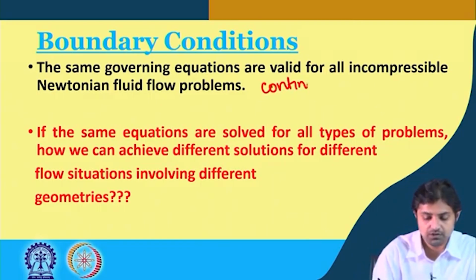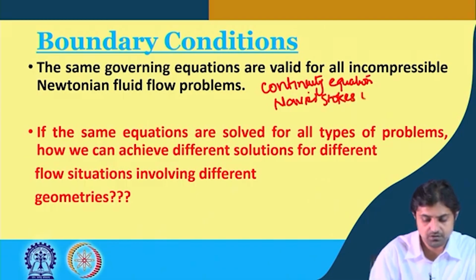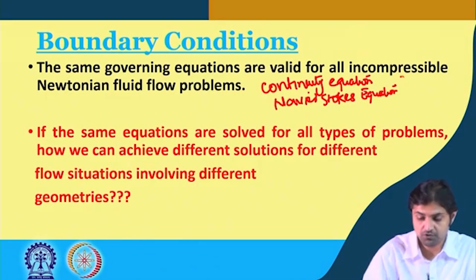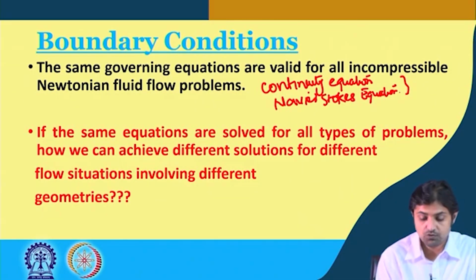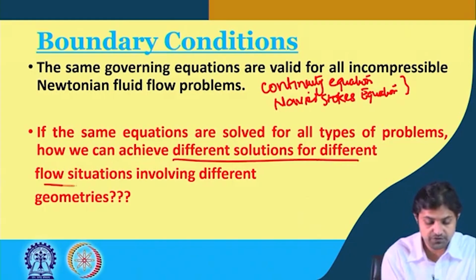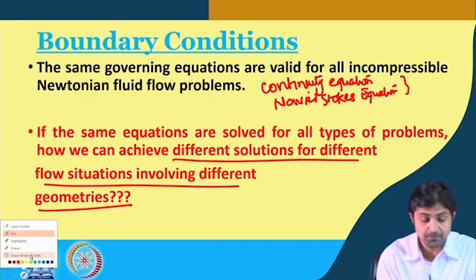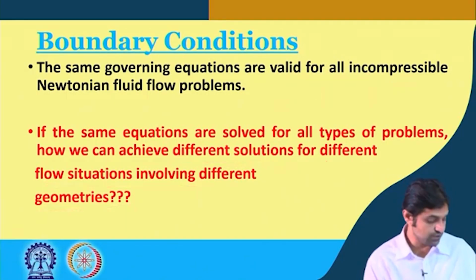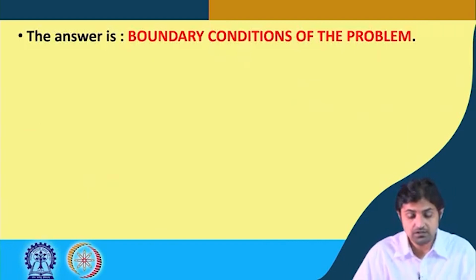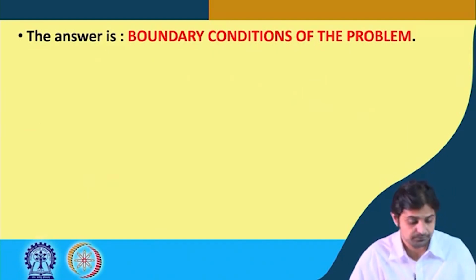We are talking about the continuity equation, Navier-Stokes equation. So this is common for all the fluid flow problems, right? Then how do we achieve different solutions for different flow situations involving different geometries? And this happens because of something called boundary conditions. So, the answer is boundary conditions of the problem.